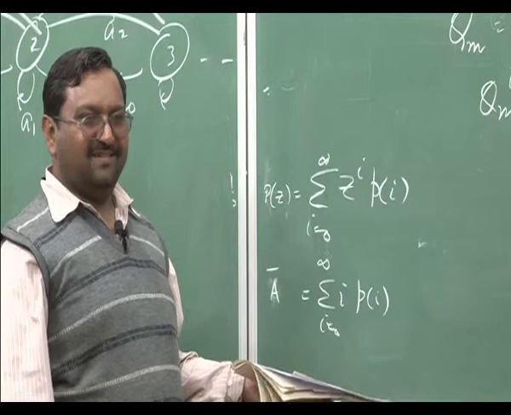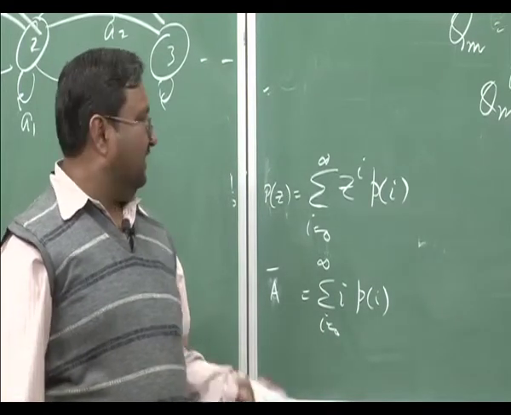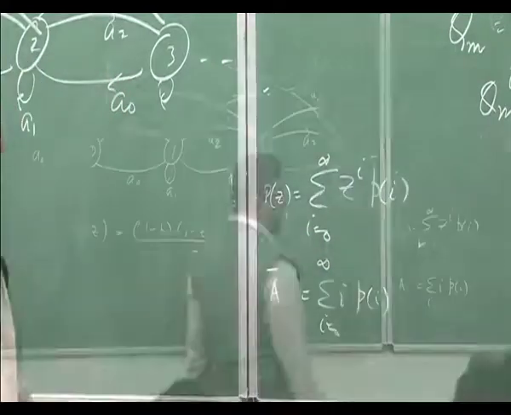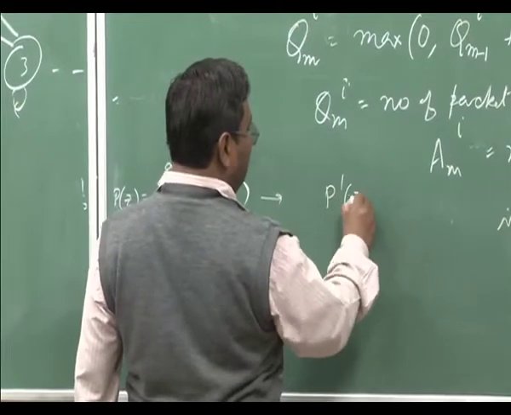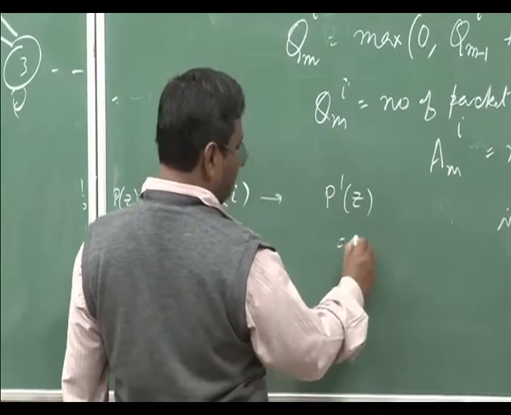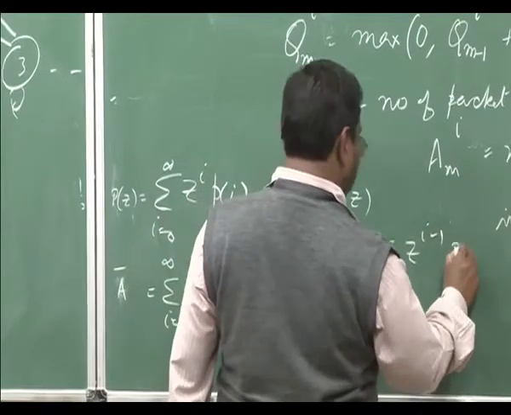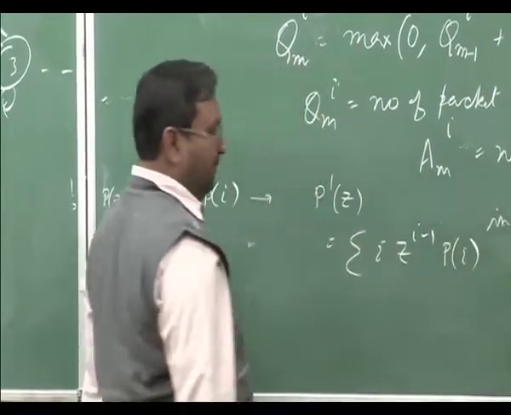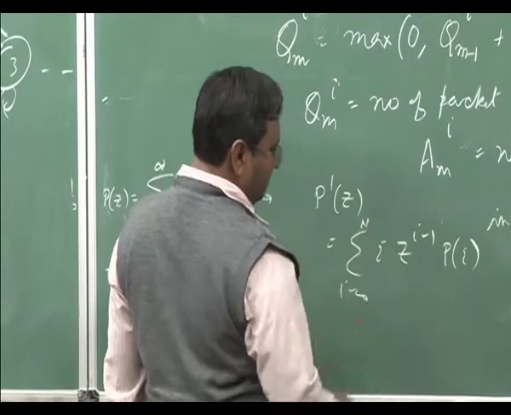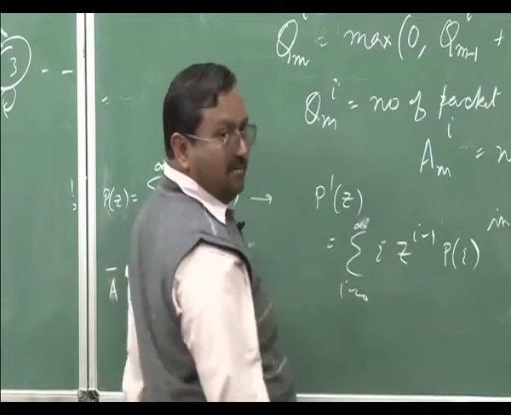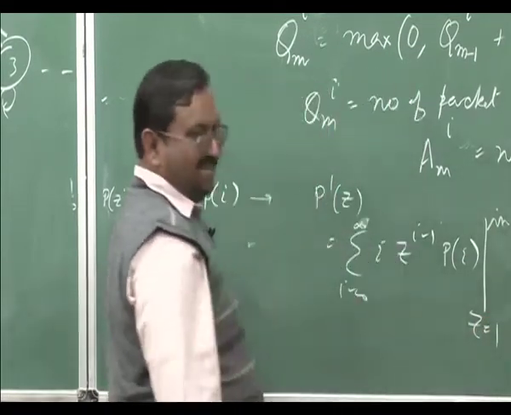This is a mean, nothing but the mean queue length, and I know this expression already. If you take the derivative of P(Z), this will be the sum of i Z^(i-1) P(i), where i goes from 0 to infinity, and if you put Z equal to 1, what will you get?